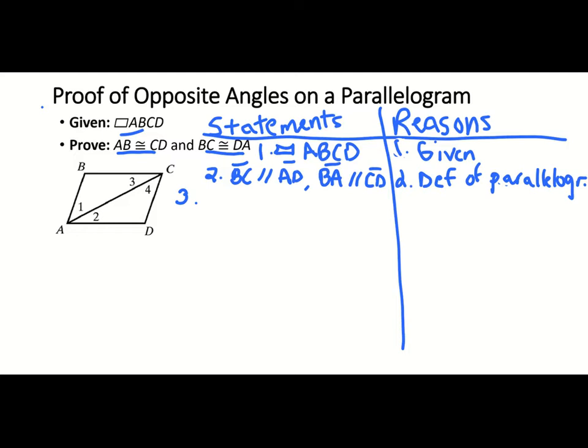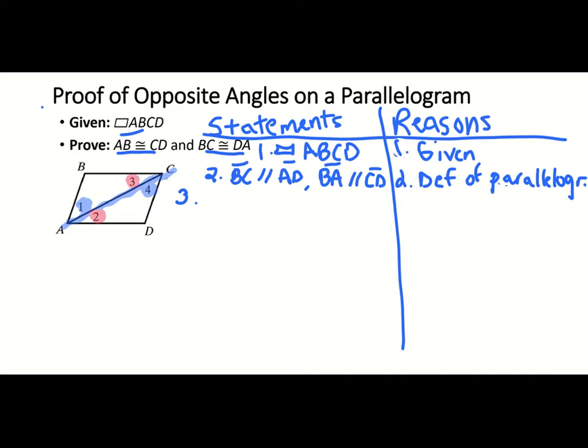We are going to focus on our angles that they numbered for us. Because we have parallel lines cut by a transversal, think of this diagonal as a transversal. I now know that angle 1 is congruent to what angle? Hopefully you said 4. And I also know that angle 2 is congruent to angle 3.